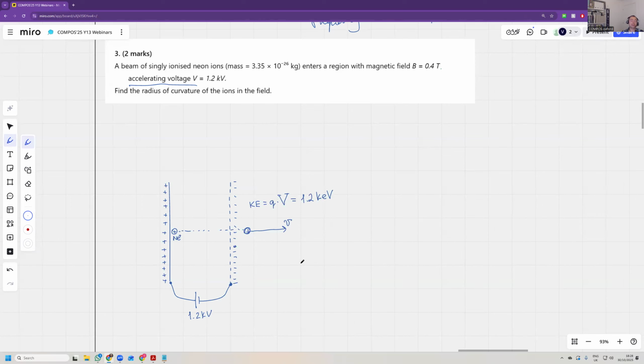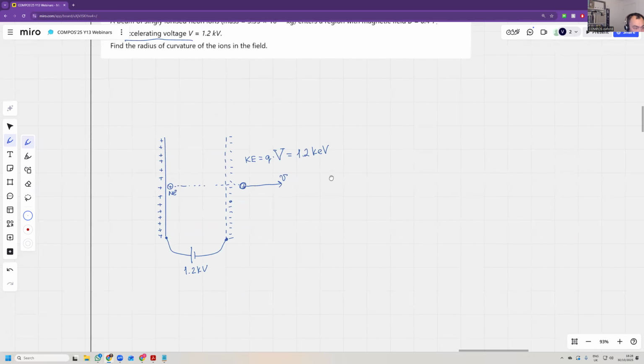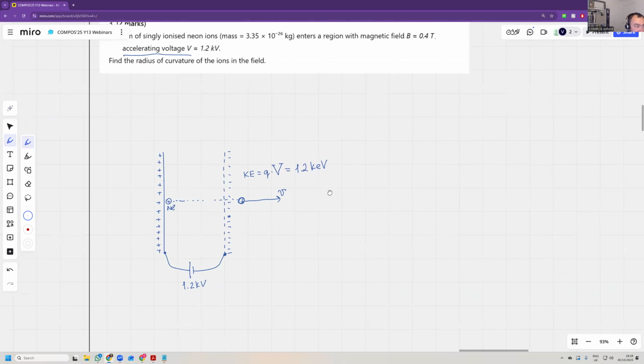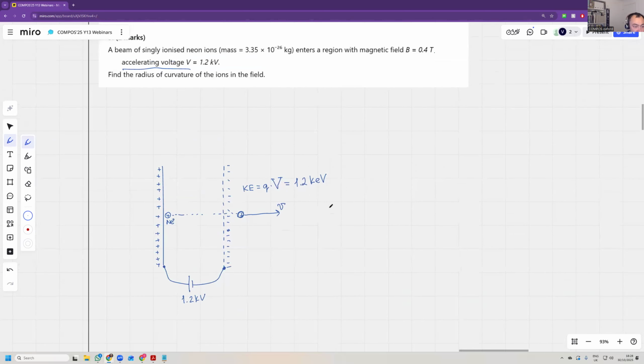The kinetic energy of the ions will be 1.2 kilo electron volts.